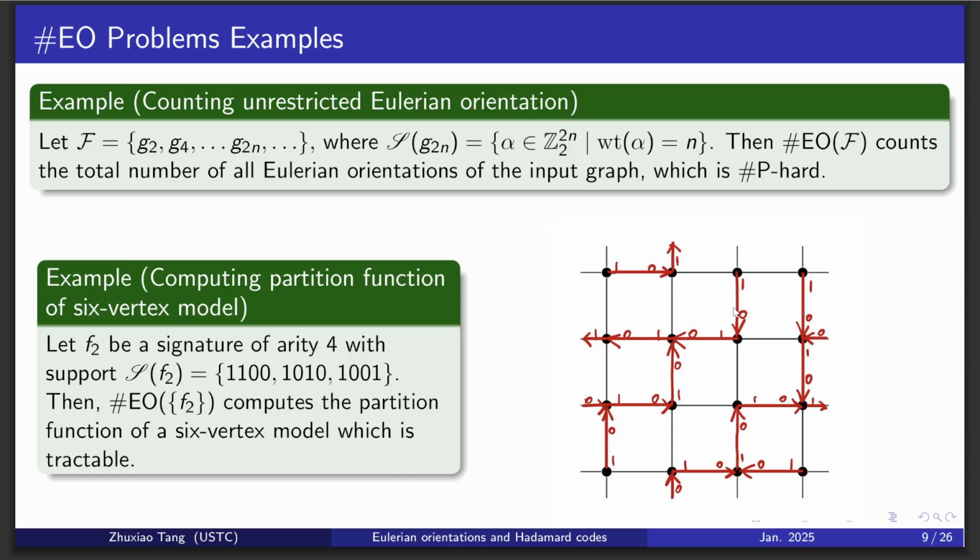And because the constraint function should be EO, for the last 3 bits there are 2 zeros and 1 one. So this problem, parameterized by this F2, computes the number of Eulerian orientations for four-regular graphs, with one outgoing edge fixed at every vertex. Or we can say it computes the partition function of a six-vertex model, and this problem is tractable.